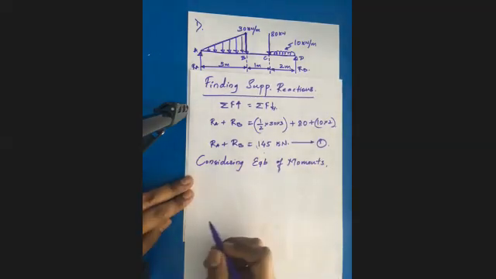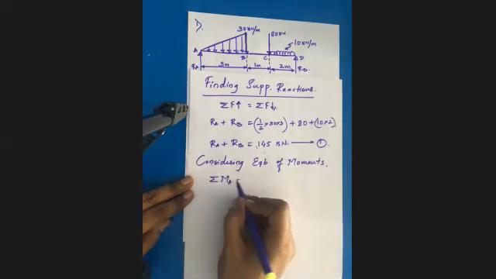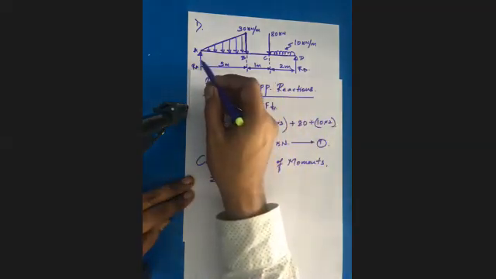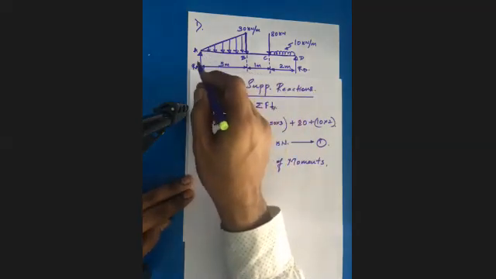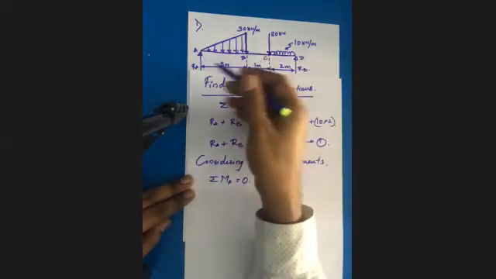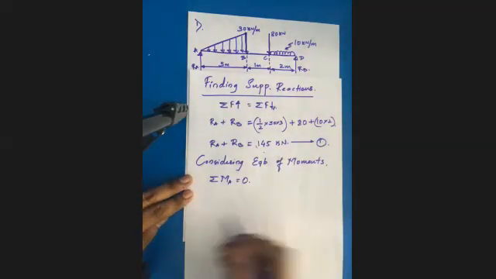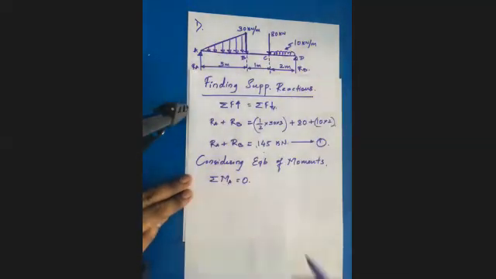I can write summation of moment about A is equal to 0. At one among the two supports, that is at support A, the summation of all the moments due to all the forces to the right side of A will be equal to 0. So in other words, I need to write down the summation of all the moments about A now.